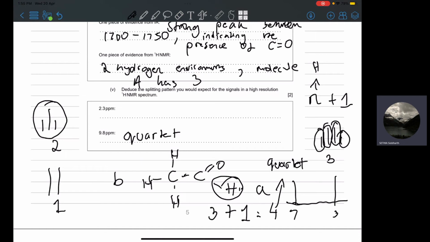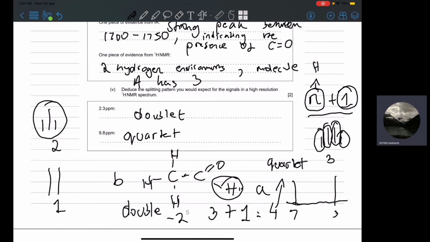And remember, what did I tell you about the splitting pattern? The splitting pattern is determined by the number of hydrogens which are neighbors to you plus 1. So it's going to be double, right? You're going to have a double split, or 2. And the technical term for this double is a doublet.